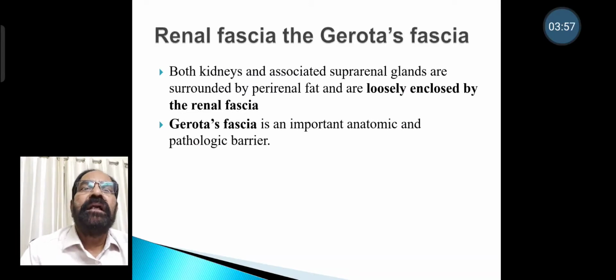Renal fascia, also called Gerota's fascia. Both kidneys and associated suprarenal glands are surrounded by perirenal fat and are loosely enclosed by renal fascia, that is Gerota's fascia. Gerota's fascia is an important anatomic and pathogenic barrier.